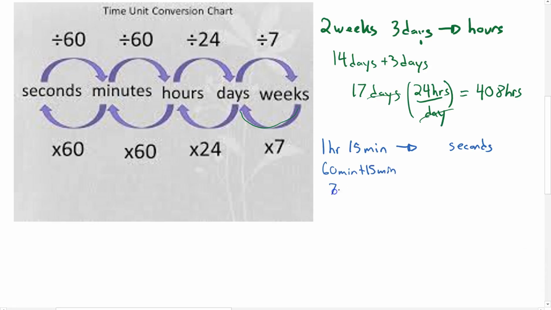In total, I'm going to have 75 minutes. And how many seconds is that? Well, I'm at minutes and going to seconds, so I multiply by 60, which is exactly what you were probably thinking already. 75 minutes times 60 seconds per minute. Again, my minutes will cancel, and when I complete that, I'll get 4,500 seconds.